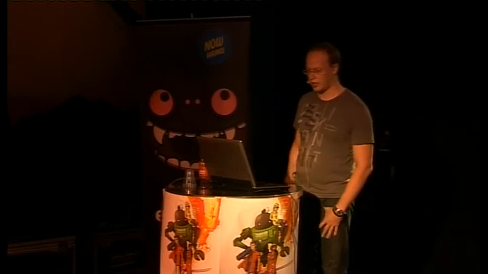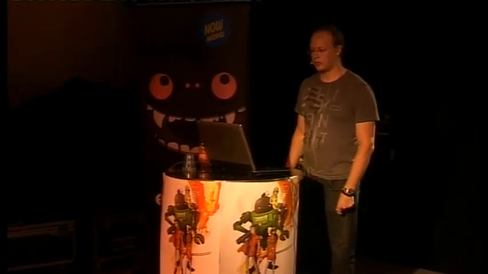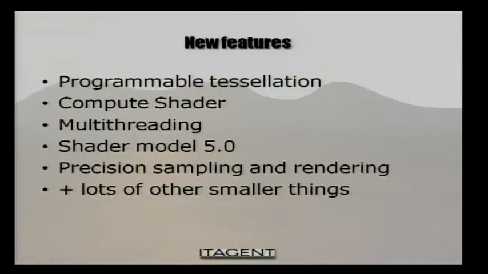Shader Model 5 introduces a lot of new features. For example, the Compute Shader is part of that. Then there are two different shaders for tessellation control called Hull and Domain shaders, which you can use to control the tessellation.